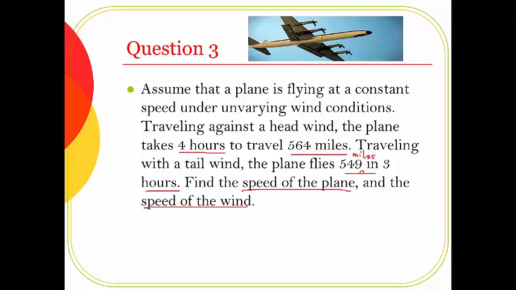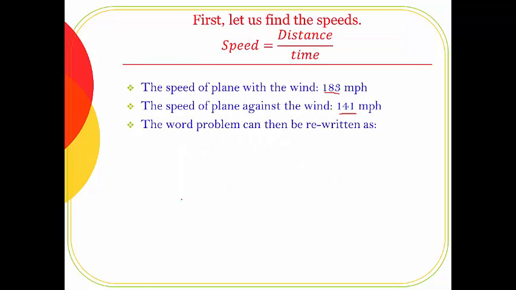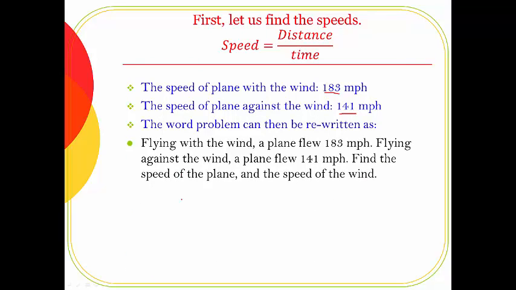Underline the keywords: plane against a headwind, 4 hours, 564 miles; plane with a tailwind, 549 miles in 3 hours. And that will save you much time. So you can either paraphrase it or you can underline the keywords.